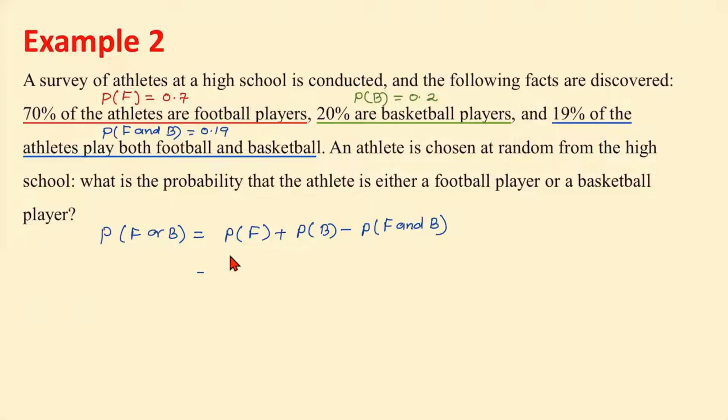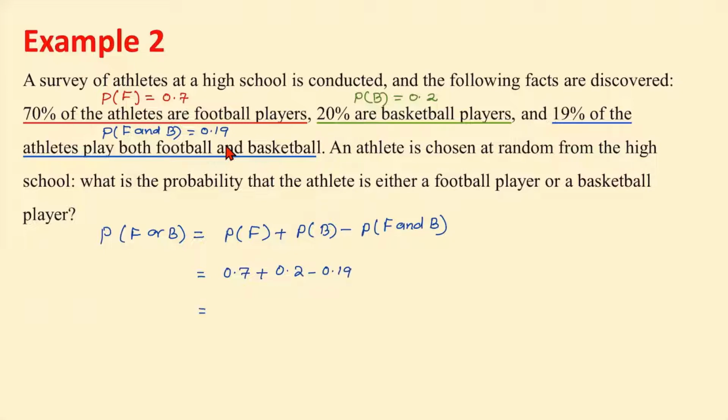basketball. Now, if we plug in the values here, the probability that they play football is 0.7, plus the probability that they play basketball is 0.2, and then minus the probability that they play both football and basketball is 0.19.